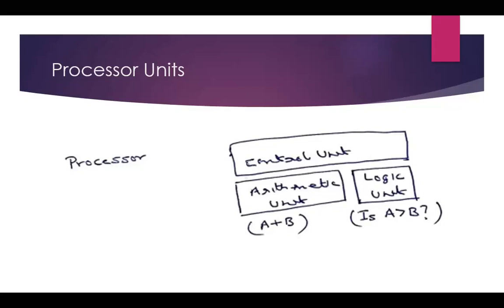The other need for computing is logical thinking, like whether a variable A is more than a variable B. This is not related to additions or subtractions. This is logical thinking. So basically, the processor of a computer system has an arithmetic unit and a logic unit, and these are the only two units on which any computer system in this world is based. So these are the units of a processor.